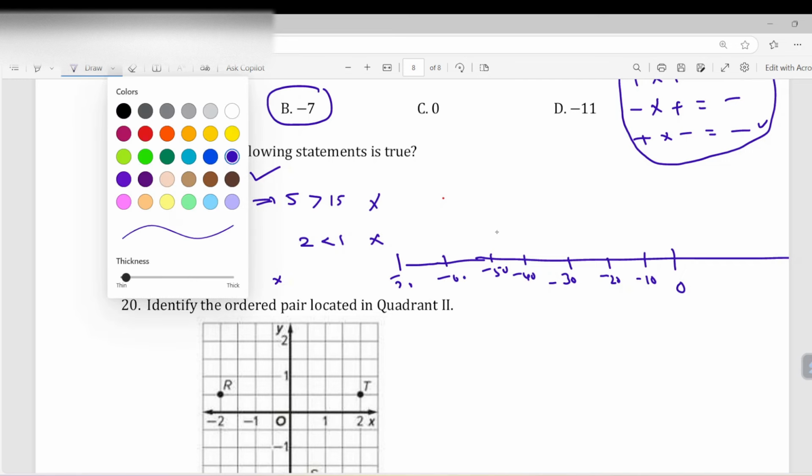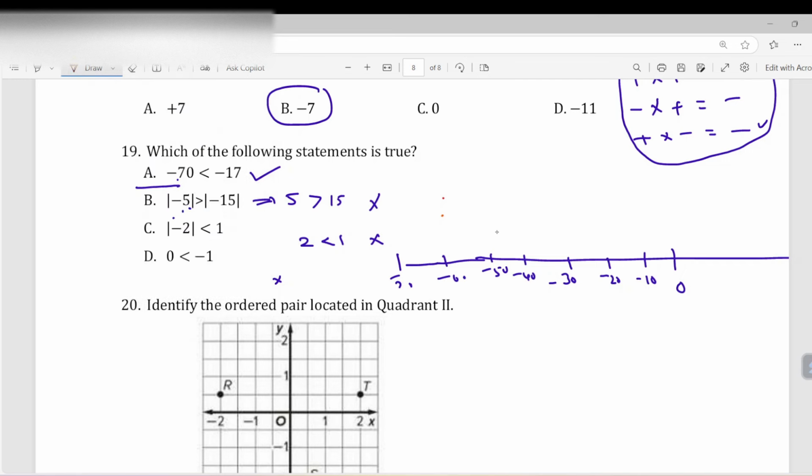So what is our problem? Our numbers are minus 17 and minus 70. Minus 17 is somewhere here, and this is minus 70. See here, the rule says that on the left-hand side, if you go this side, the number that is farther away from zero is smaller. So with this technique also you can see that.